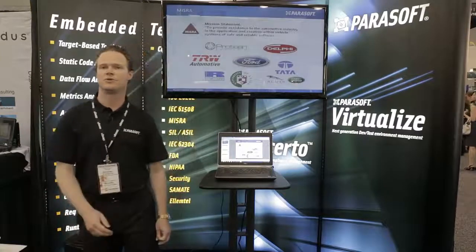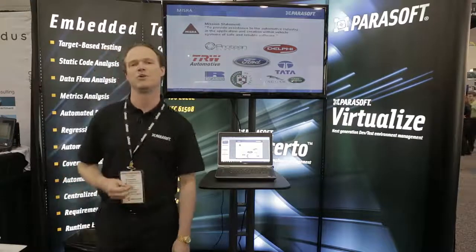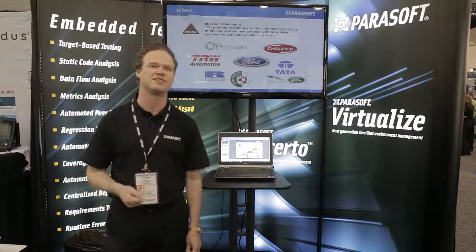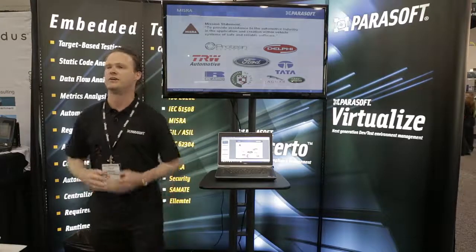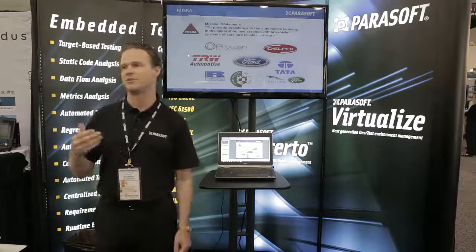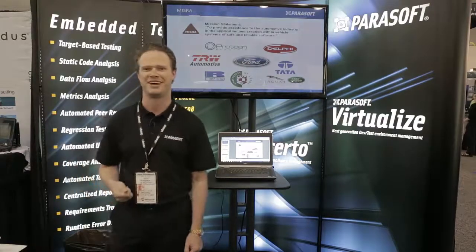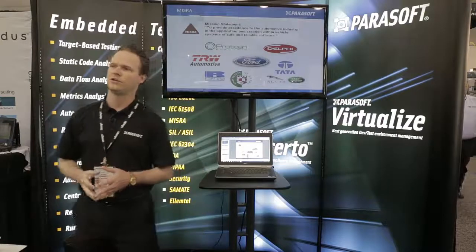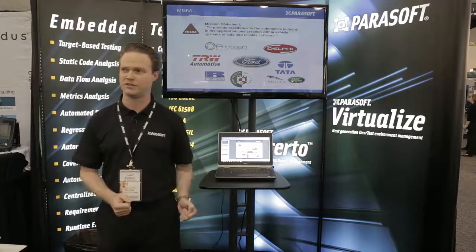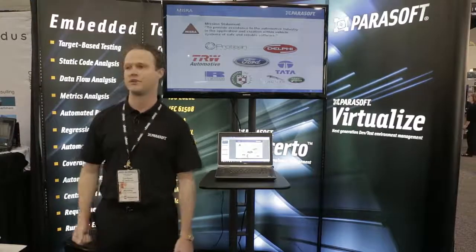So, who or what is MISRA? Well, MISRA is the Motor Industry Software Reliability Association. It's based in the UK. It's a collaboration between a number of organizations, mostly automotive industry, but also some consultancies and at least one university, Leeds University in the UK. Their goal is to improve the safety and quality of automotive software and make life safer for everyone who uses their vehicles.